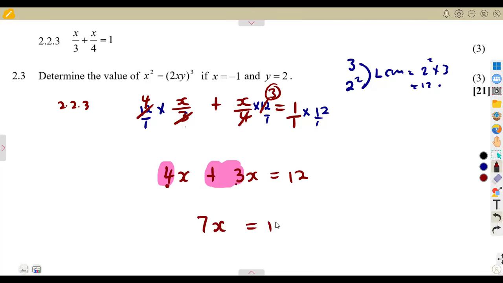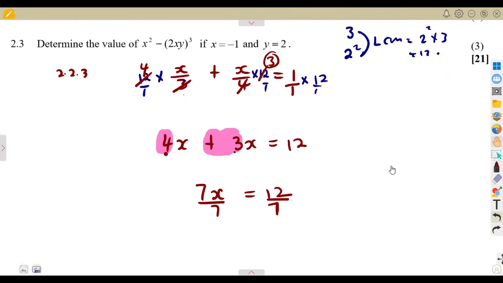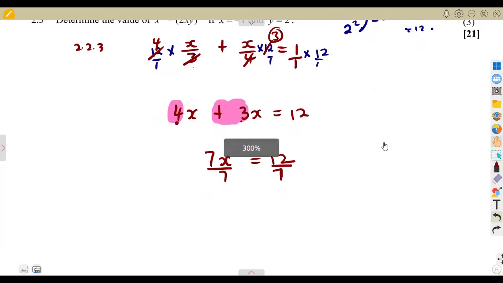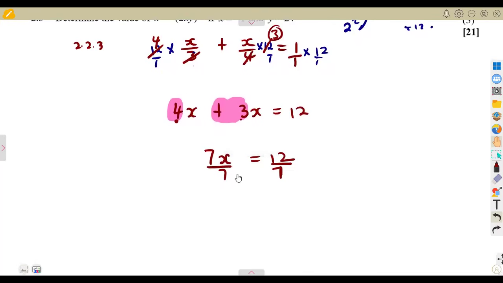So that's 7x is equal to 12. We're going to divide by 7. So that means we have got the value of x. So x is going to be what? Cancel this part here. x is going to be 12 over 7. That's it.